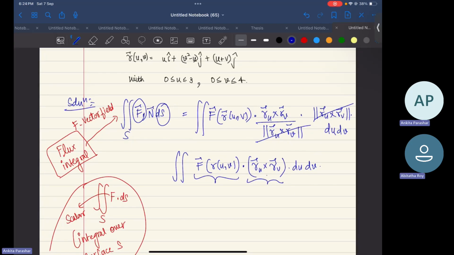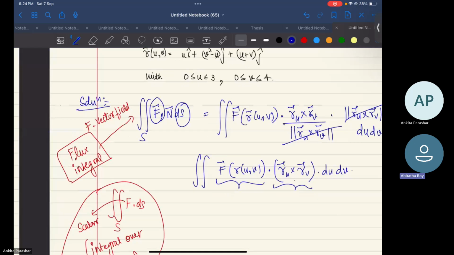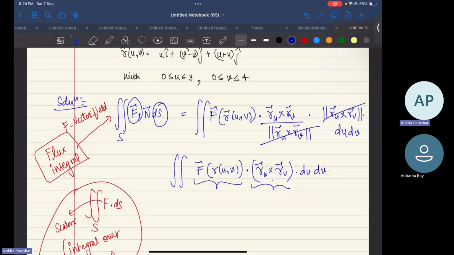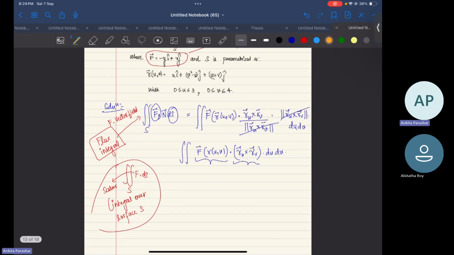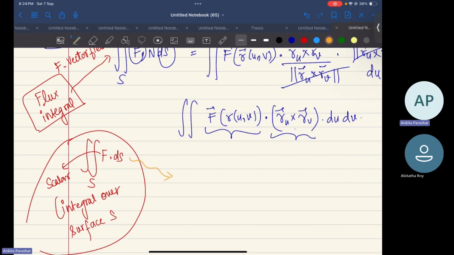So I said there are two things to notice here. Earlier, when we were computing the integral over surfaces, f was a scalar field. When we parameterize, we got f of r(u,v) and then the norm of r_u cross r_v, du dv.